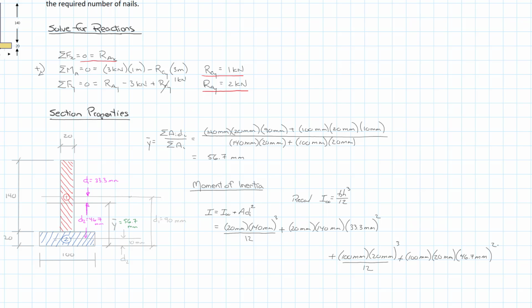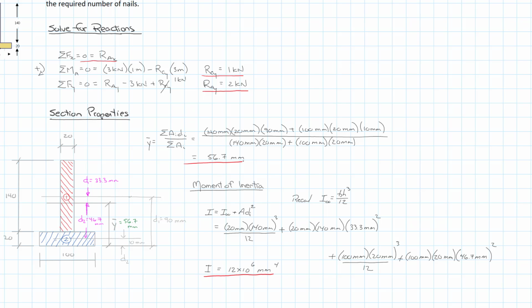And so that's the full application of the parallel axis theorem and provides us a value for I of 12 times 10 to the 6 millimeters to the fourth. I'll go up here and get that too.